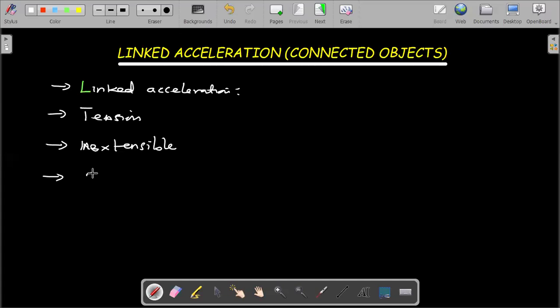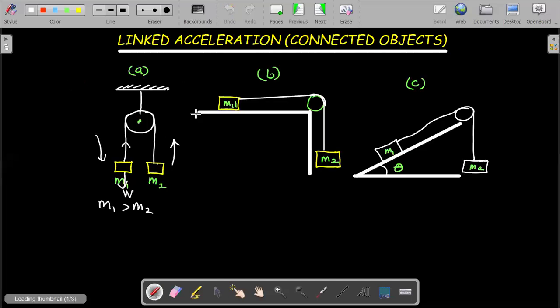Also, another very important concept is the pulley. We also assume that we are dealing with a smooth pulley. What do we mean by a smooth pulley? A smooth pulley is one that has no friction. That is, we are assuming that there is no friction imposed by the pulley, meaning that the tension experienced on this side will be exactly the same as the tension experienced on this side.